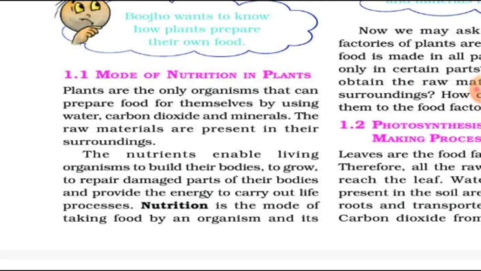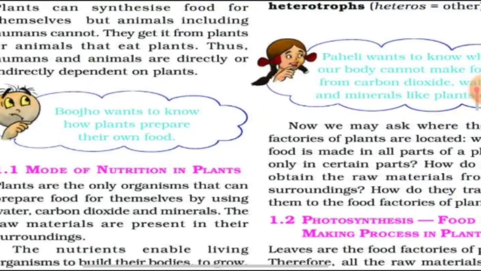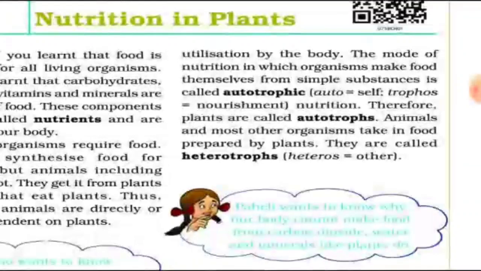By taking nutrients, the body of an organism can do all these life processes. They help in building up the body to grow and repair the damaged parts, and they provide energy too. Nutrition is the mode of taking food by an organism and its utilization by the body.